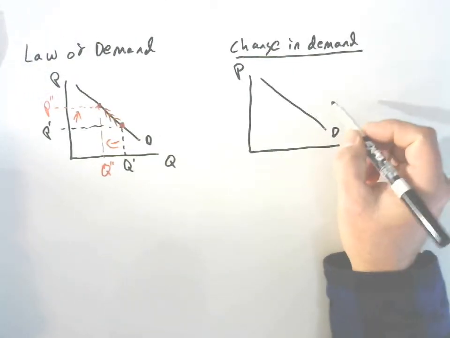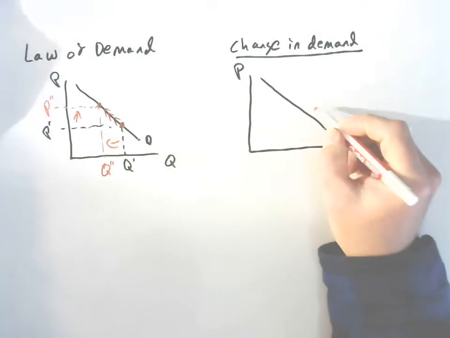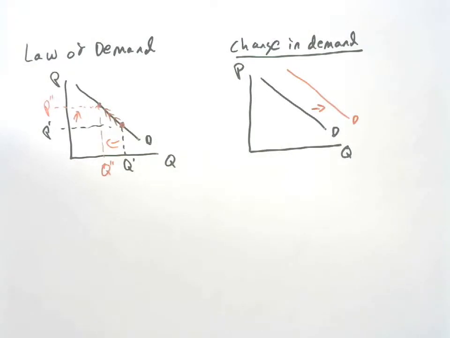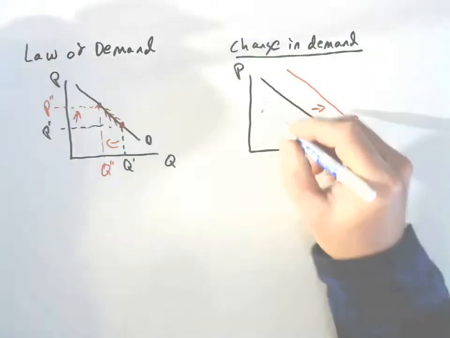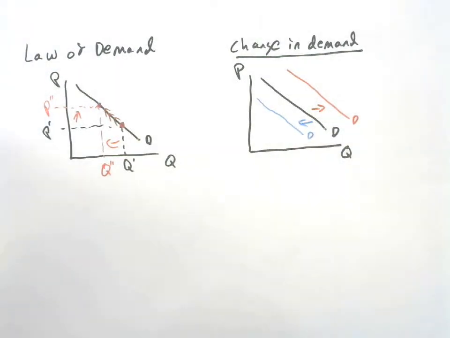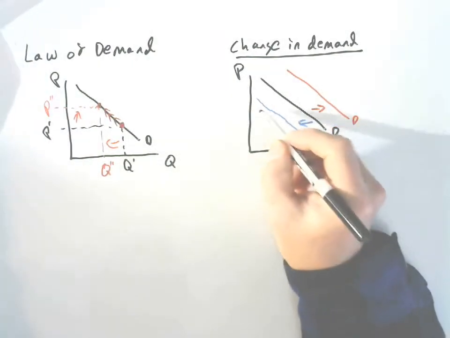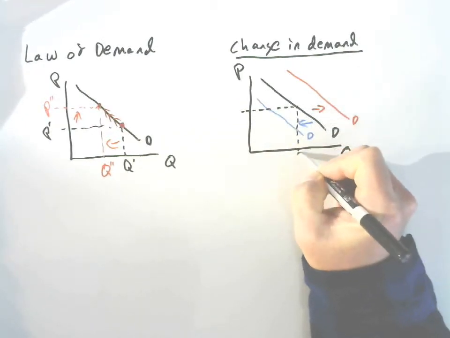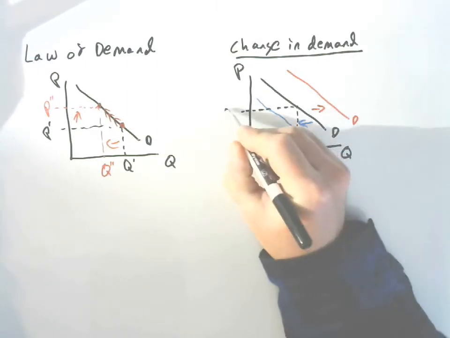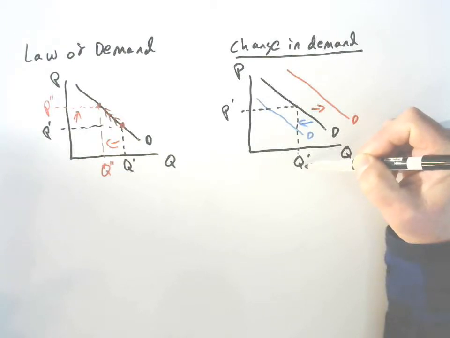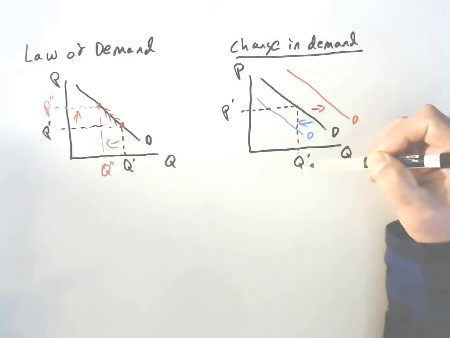And specifically, an increase in demand would be a rightward shift in the demand curve, while a decrease in demand would be a leftward shift in the demand curve. Okay, and the way we think about this is at a particular price level on the original demand curve, Q prime would be demanded at that price.